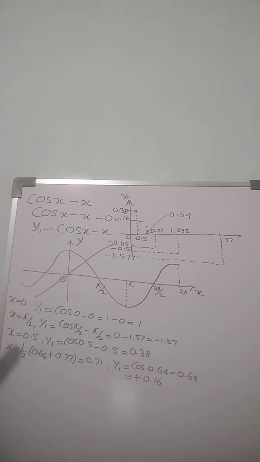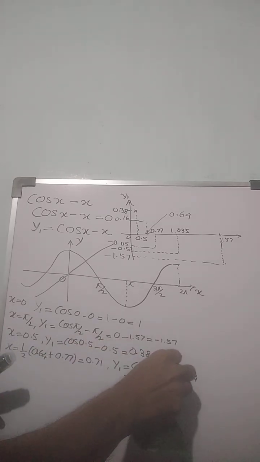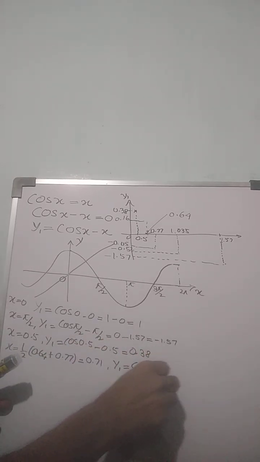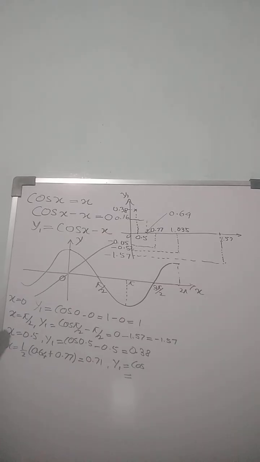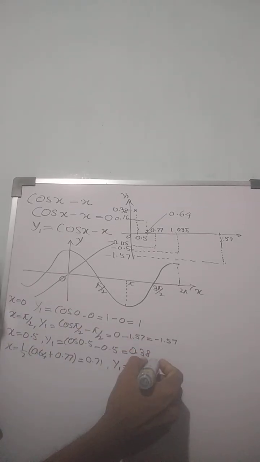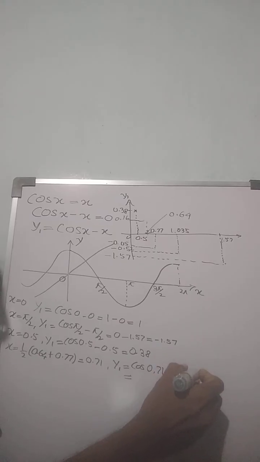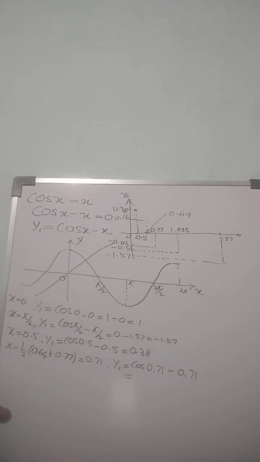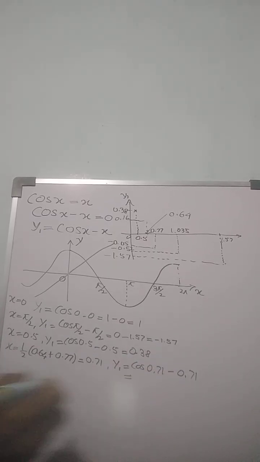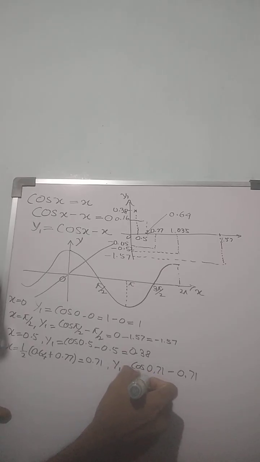When x equals 0.71, y1 is equal to cos 0.71 minus 0.71, which results in 0.05. This is again a positive value, plus 0.05.